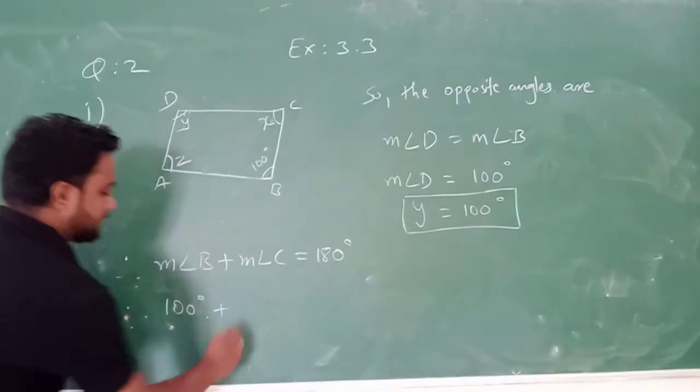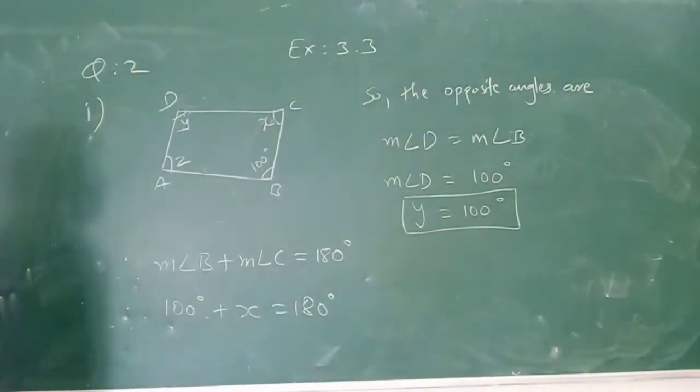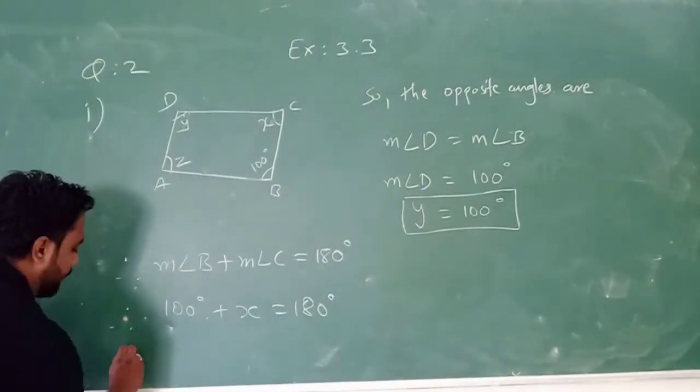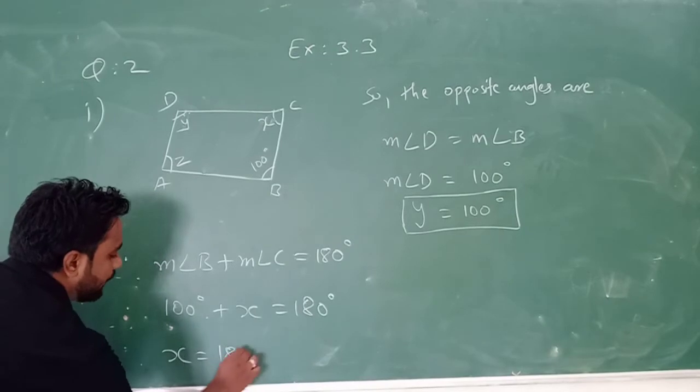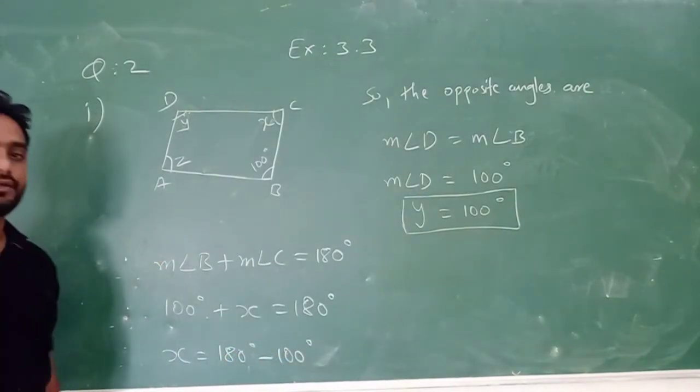That is x, is equal to 180 degree. Okay, now I am changing the sign of 100 from LHS to RHS. So therefore x is equal to 180 degree minus 100 degree. Understand or not?